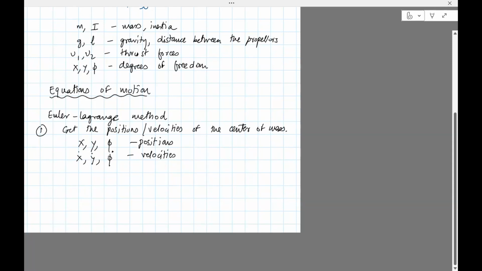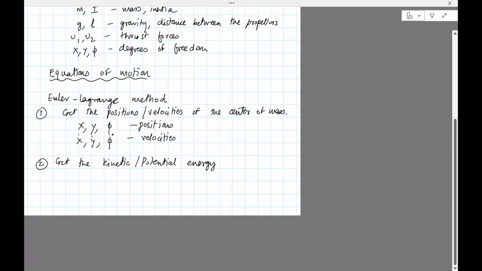Okay. The second step is to compute the kinetic and potential energy. Now that is also kind of straightforward. T is the kinetic energy. It's half m v squared, v being the linear velocity of the center of mass. So the velocity of the center of mass will simply be x dot squared plus y dot squared.